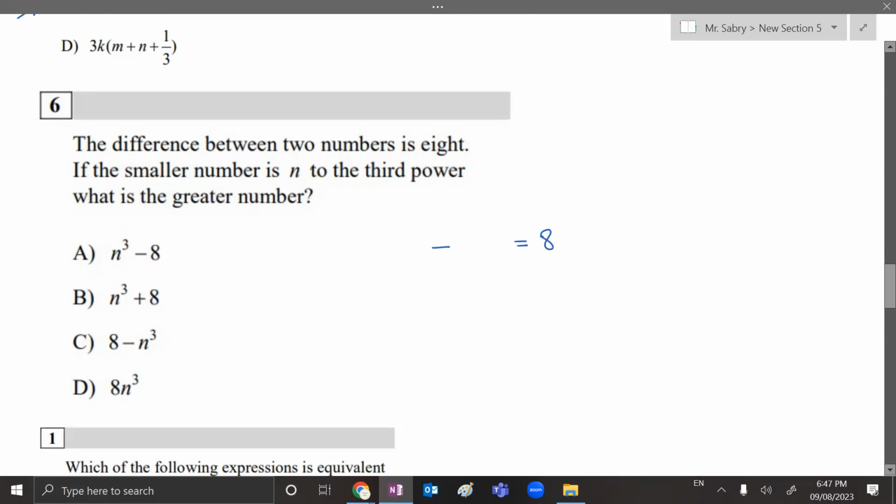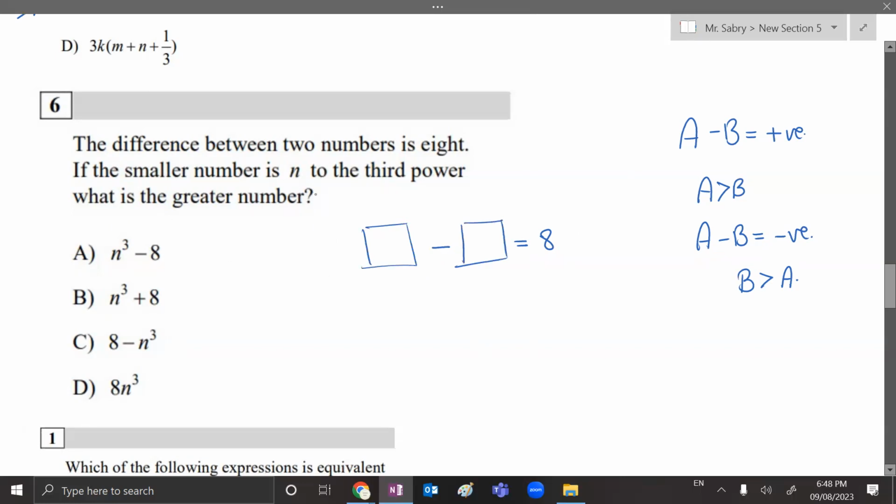If the smaller number is n to the third power, the smaller has to be the other one. When I subtract two numbers and the answer is positive, it means A is greater than B. But if I do A minus B and the answer is negative, then B is the one that is greater than A. So since it said the difference between two numbers is 8, here are the two numbers, spaces for the two numbers. The smaller one is n to the third power.